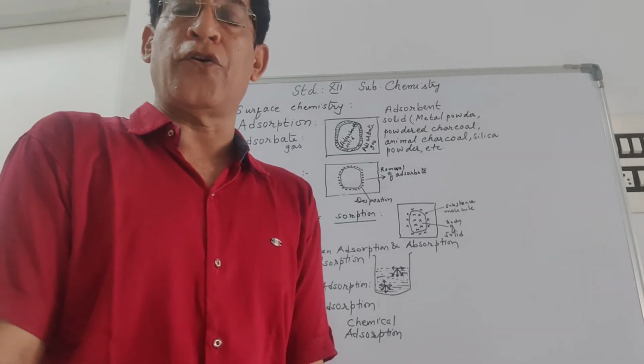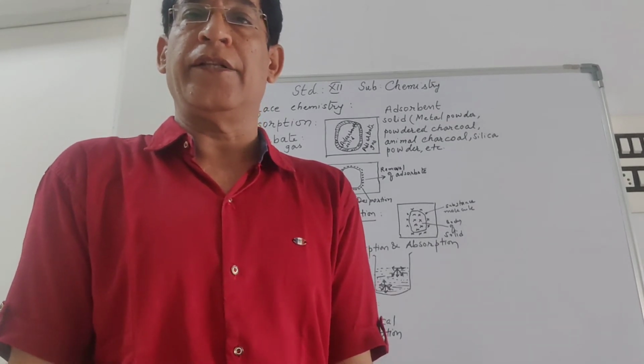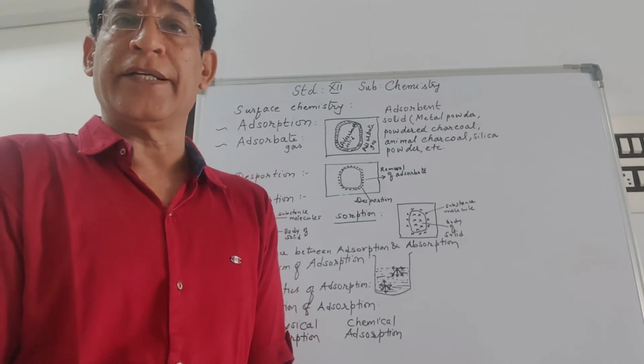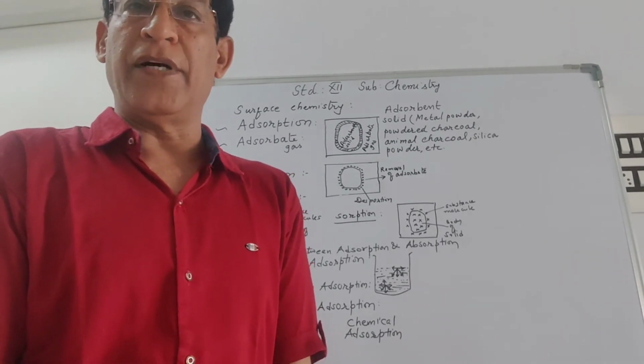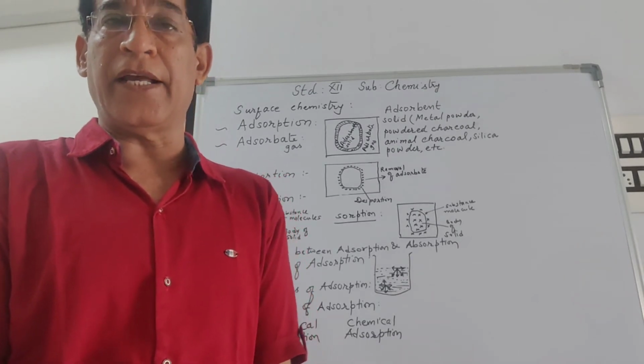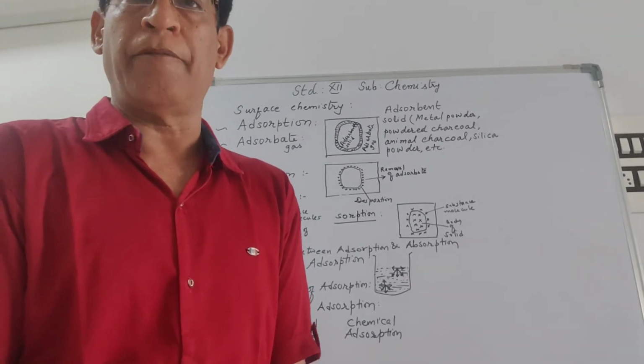For a process to be spontaneous, the thermodynamic requirement is that delta G must be negative, meaning there is a decrease in free energy.